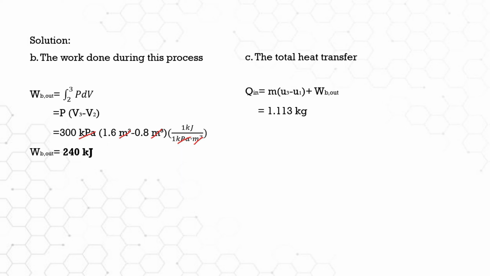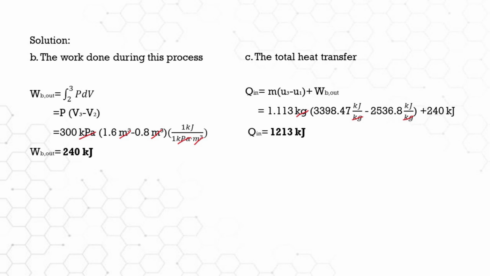We have 1.113 kilogram times 3,412.3 kilojoules per kilogram minus 2,536.8 kilojoules per kilogram, added to 240 kilojoules. Then cancel out the same units, so we have 1,213 kilojoules as our total heat transfer.